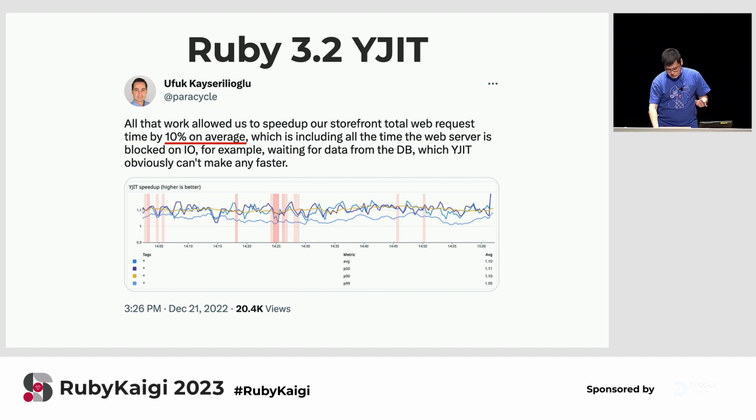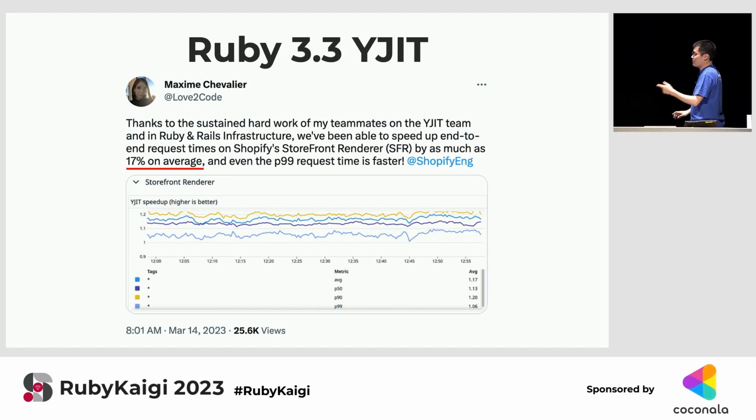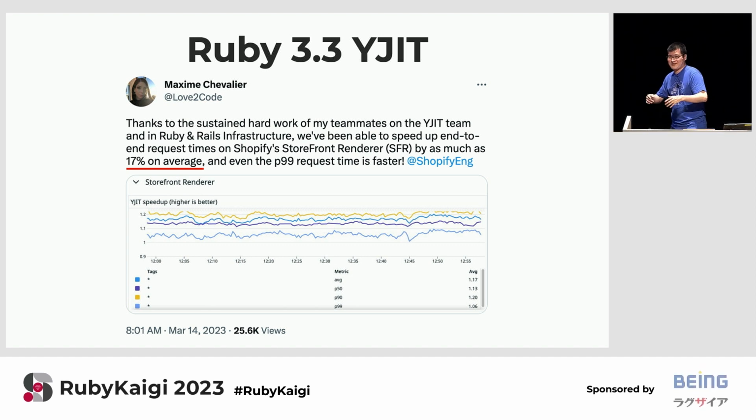But for the remaining 1%, we are deploying Ruby 3.3, Ruby master, to those clusters, and that's 18% faster on average. So Ruby 3.2 is already slow for me. You should deploy Ruby master to get the best performance.